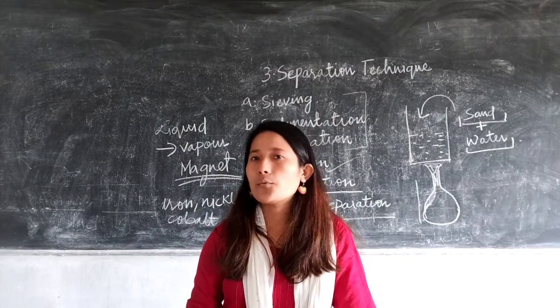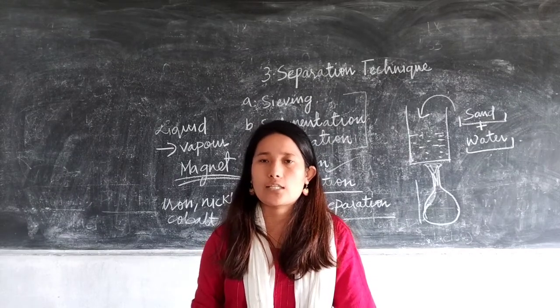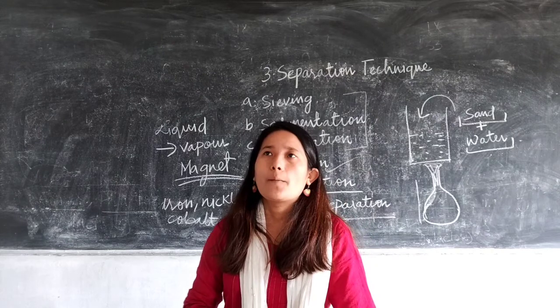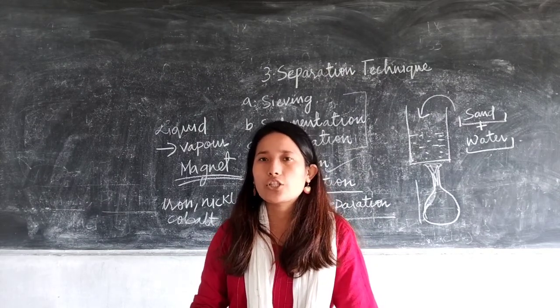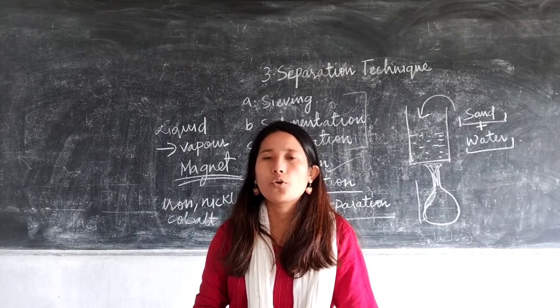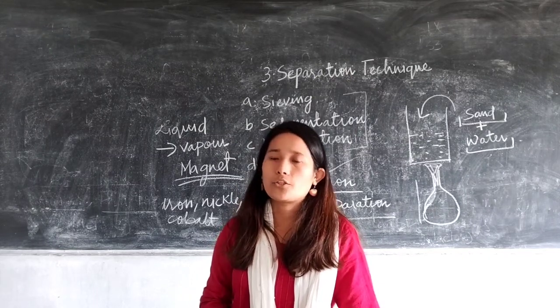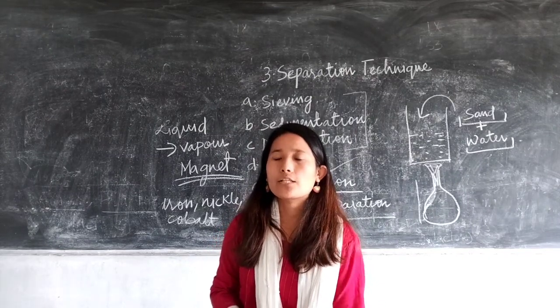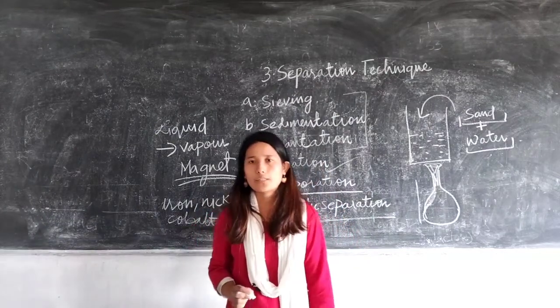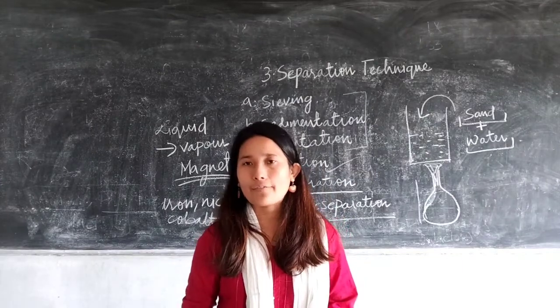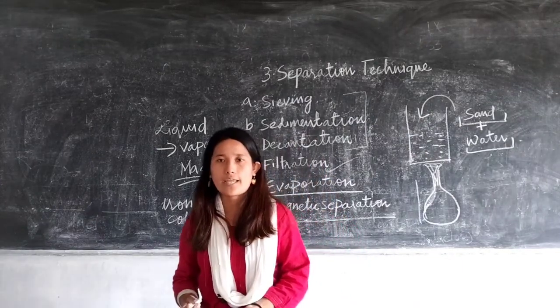So here we are done with chemistry. For this session we had 3 chapters, and within matter this chapter was also included. We had skipped it earlier, so we are done with this chapter 2. Next I will follow with the question and answer from this chapter. Better go through these 6 separation techniques, and if you have any problem you can always contact. Thank you.